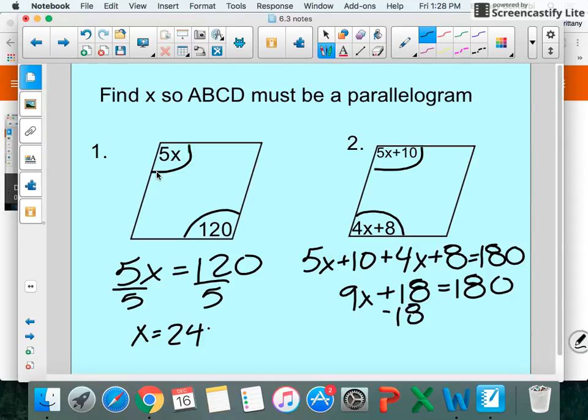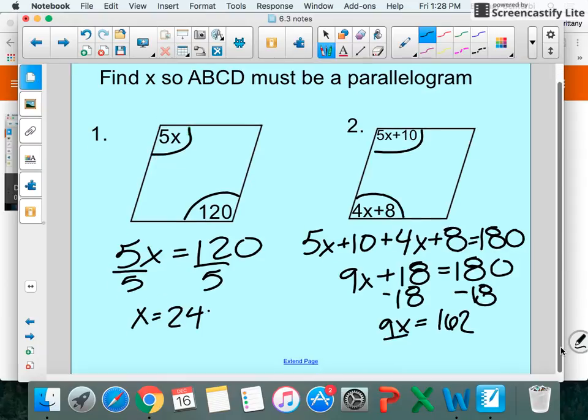Subtract 18 from both sides. And then divide by 9. And that gives me x equals 18 as my final answer.